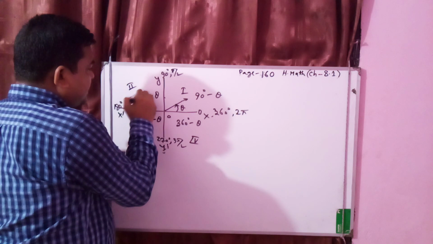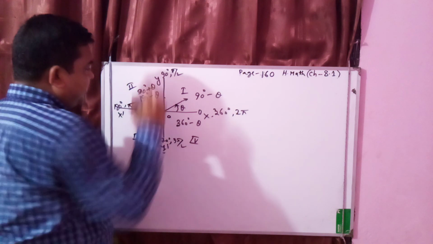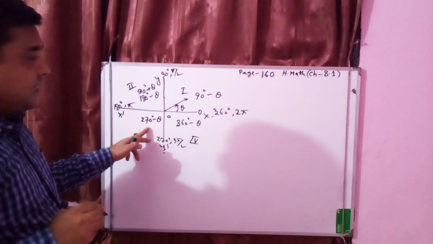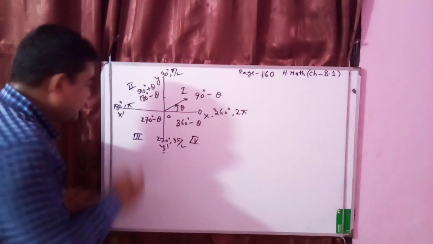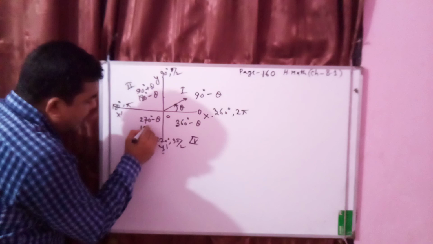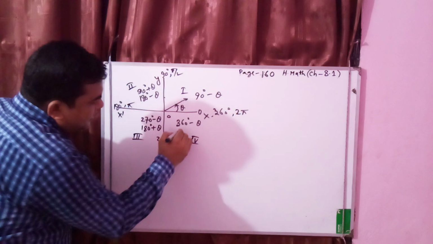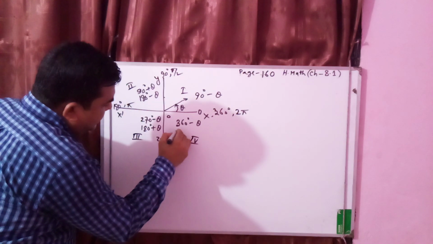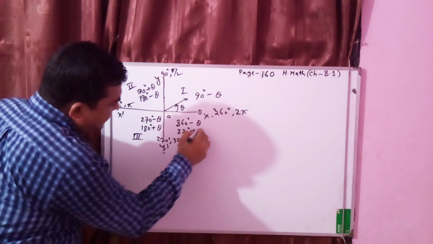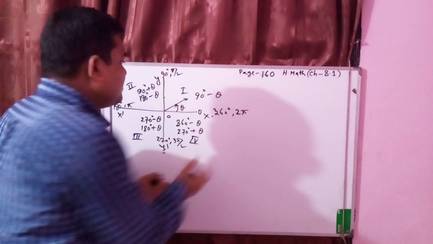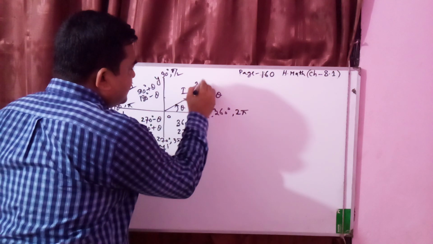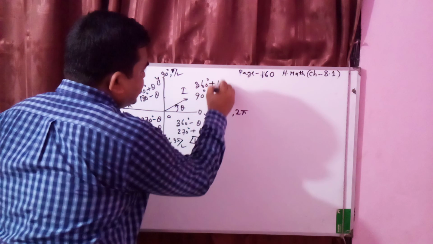Then 180 degree plus theta passes through the third quadrant, 270 degree plus theta the fourth quadrant, and 360 degree plus theta passes through the first quadrant.